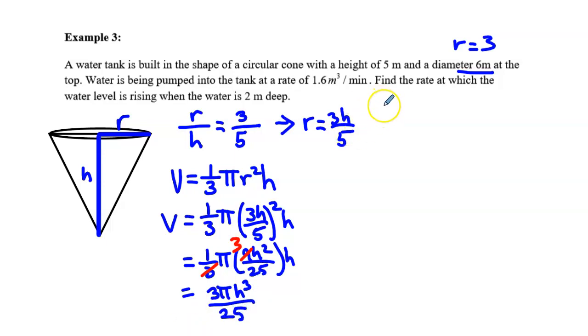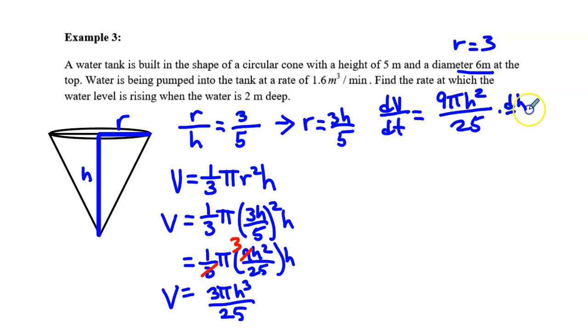With that done, I can determine the derivative of both sides in terms of time. So dV/dt is equal to, this 3 comes down, and I end up with 9 pi h squared over 25 times dh/dt.